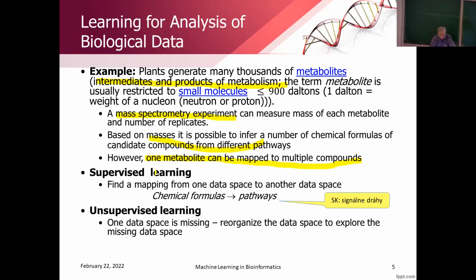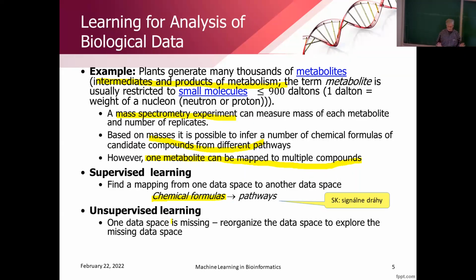So supervised learning for such an experiment would be to map the metabolites to compounds, or for example, if we could infer the chemical formulas, we would like to map them to pathways, signaling pathways in cells.